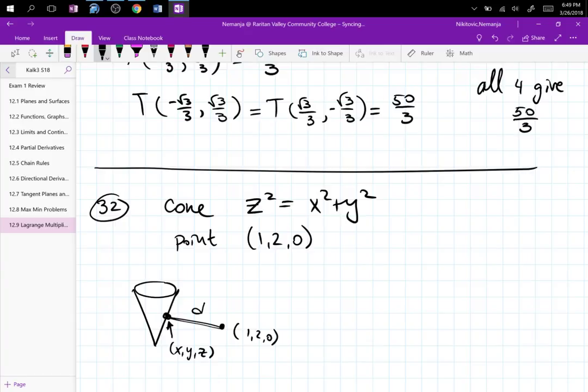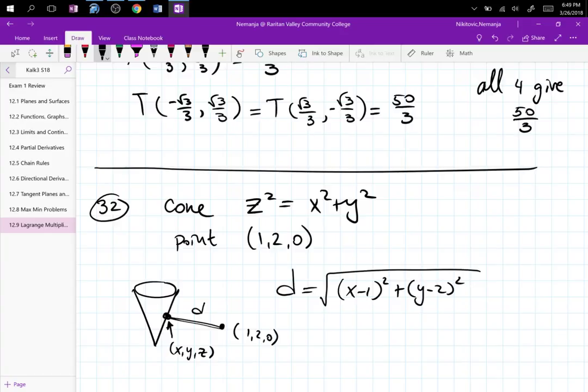D equals the square root of x minus 1 squared plus y minus 2 squared plus z squared, because it is just z minus 0 there. So it's one point minus the other point, each coordinate squared, add them all up. This is called the Euclidean distance.